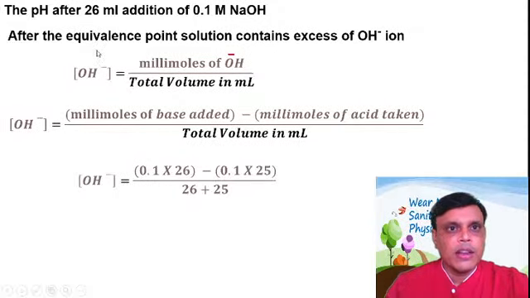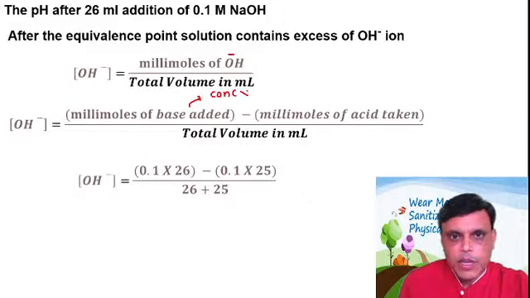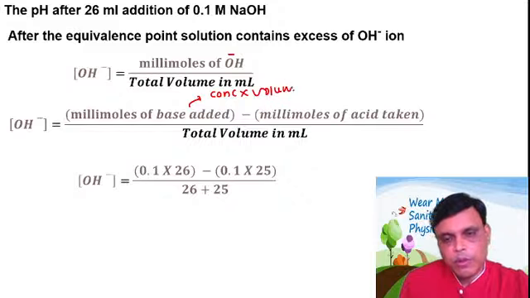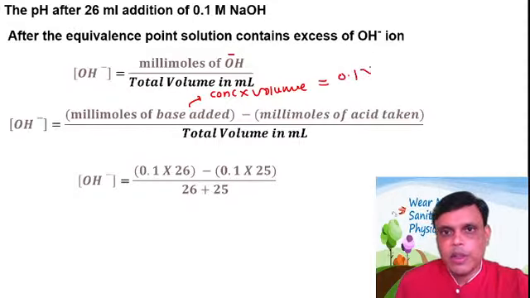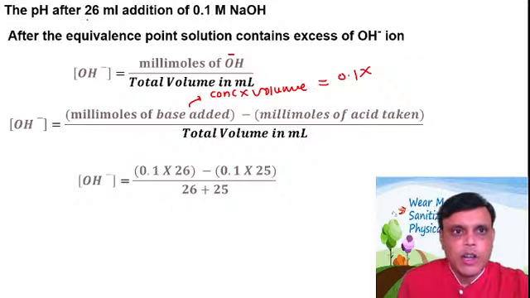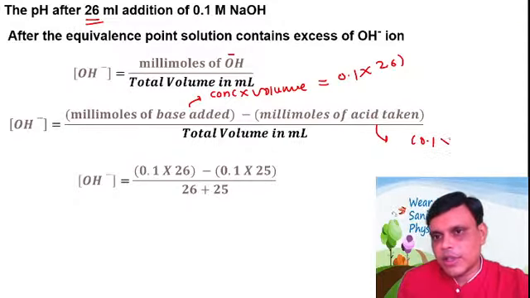Now here, millimoles of base added. Base added means concentration multiplied by volume. What is the concentration of base? 0.1. And what is the volume of base added? 26 ml. So 0.1 multiplied by 26. And here millimoles of acid taken, it is 0.1 concentrated and 25 ml आपने HCl लिया था.